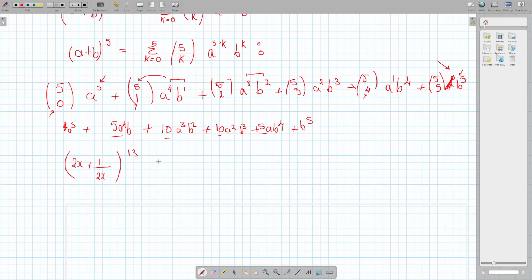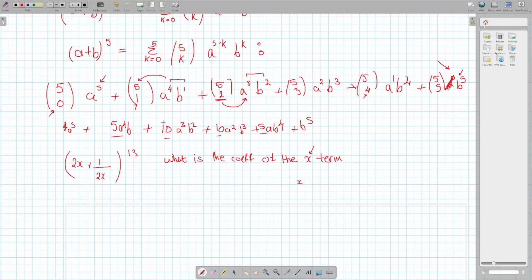They say, what is the coefficient? You know, coefficient is the number beside the letters. Coefficient of the x term, let's say. What do you mean by the x term? It means in my answer, I'm going to have x.